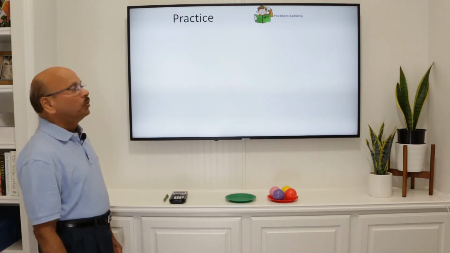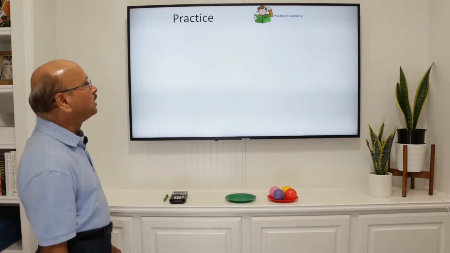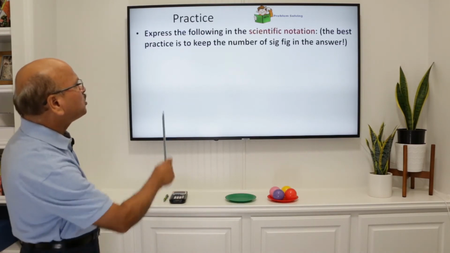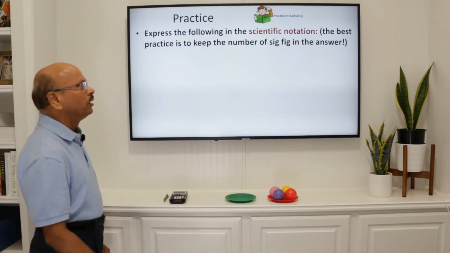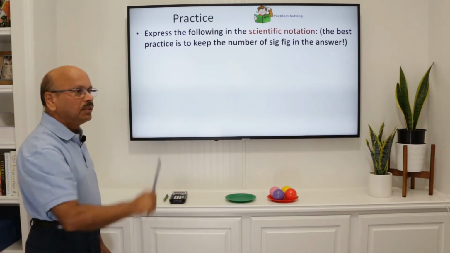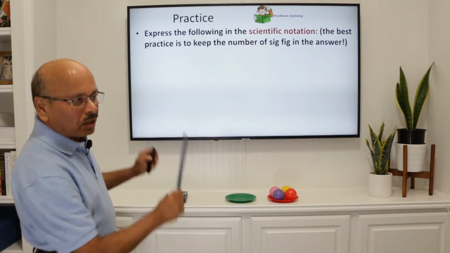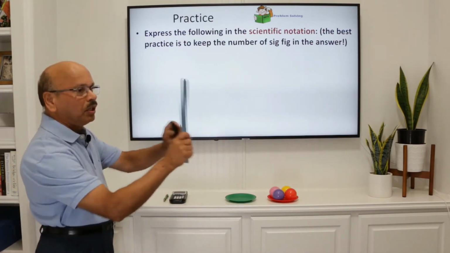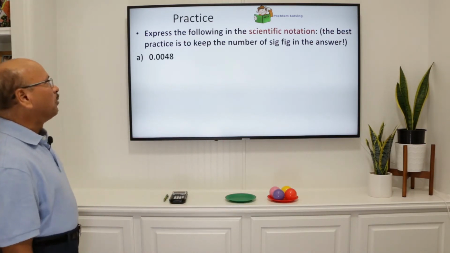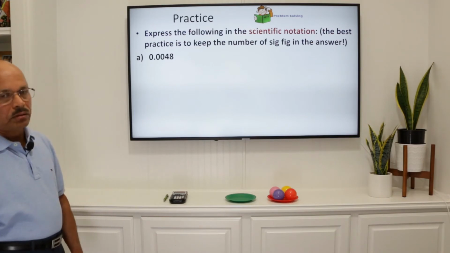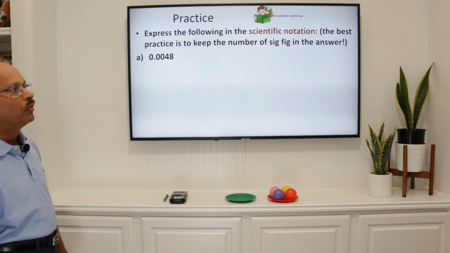Okay, now let's do a little practice by using this idea. Express the following in the scientific notation, and the best practice is to keep the number of significant figures. Whatever number is given, those significant figures should be coming in your answer. For example, 0.0048. Now think about how many significant figures we have.